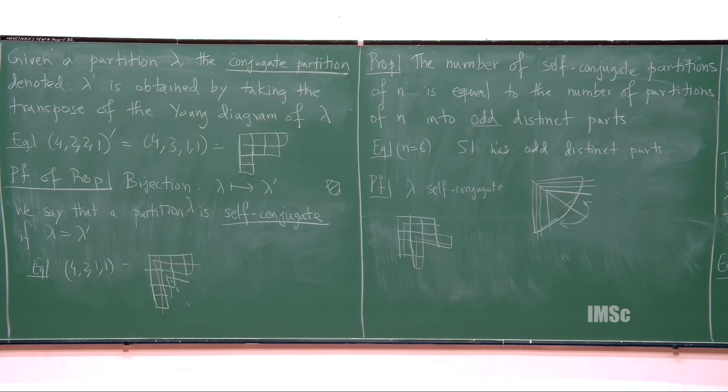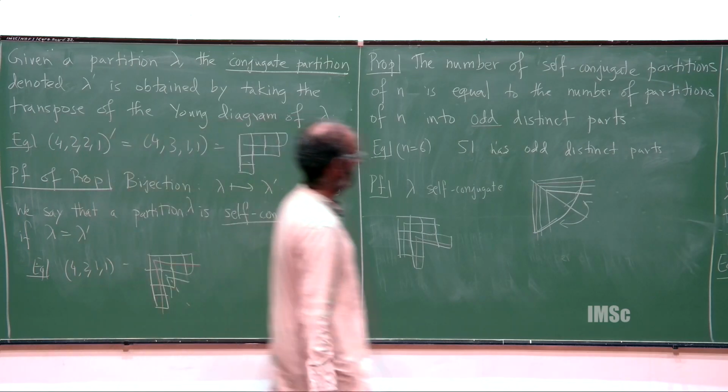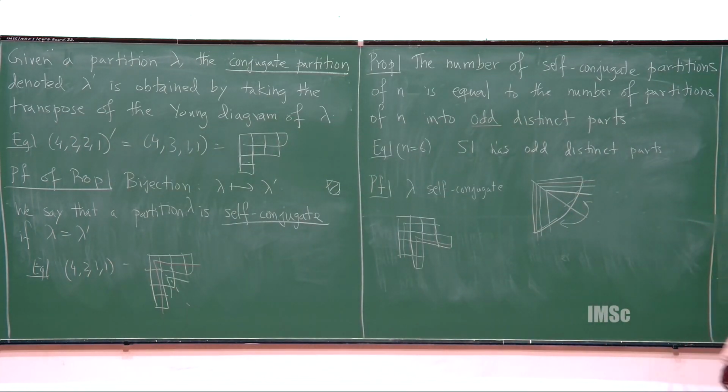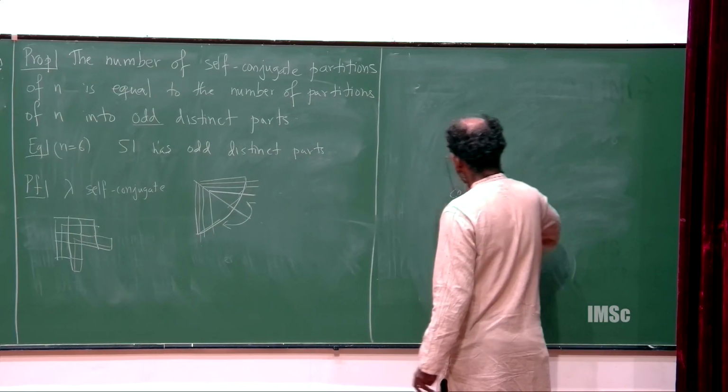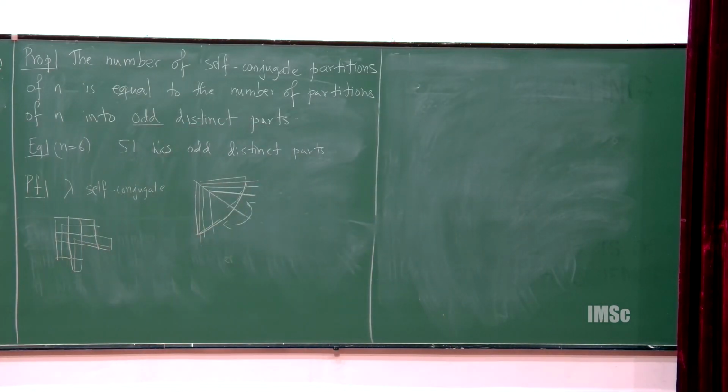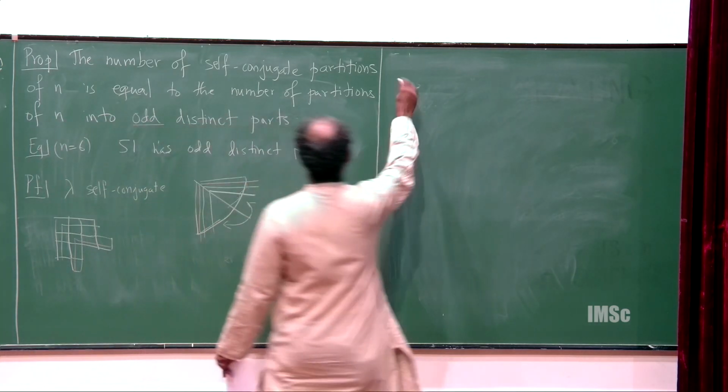Right, so now I want to just give you an idea of another bijection of the odd equals distinct theorem, which, as I promised you, gives more information. So I'll just give you the idea.